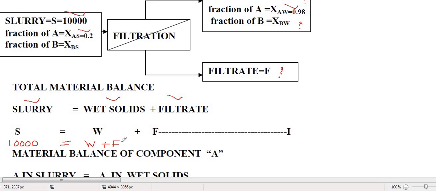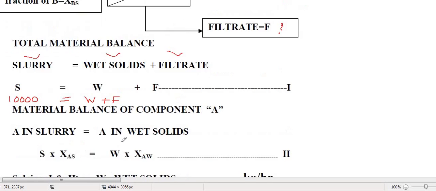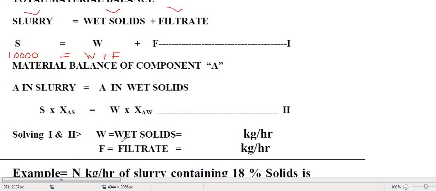Then we have the material balance of component A. What is that equation? Solids in slurry must equal solids in wet solid. Solids in slurry is S into XAS, that is 10,000 into 0.2, which is equal to W into 0.98.